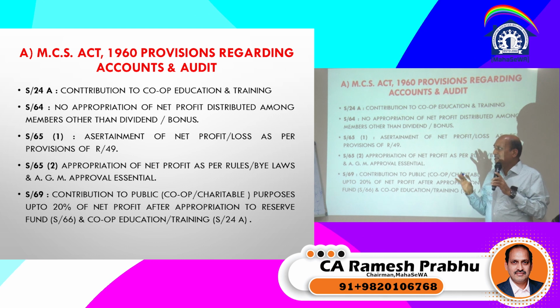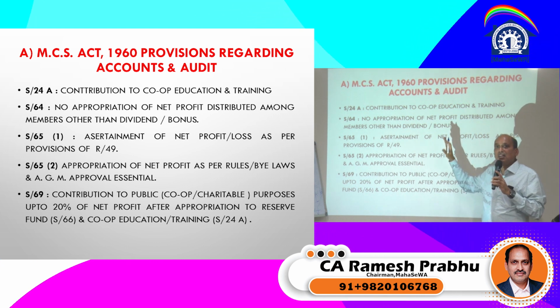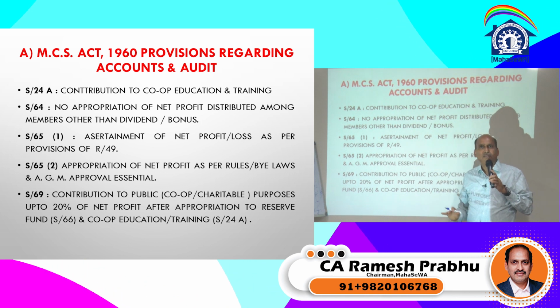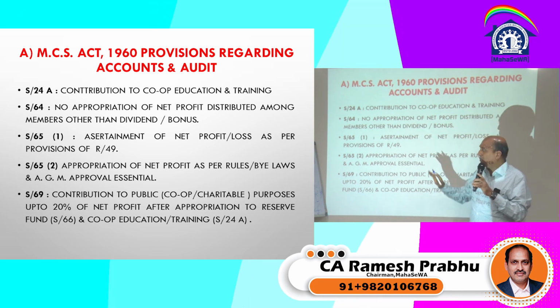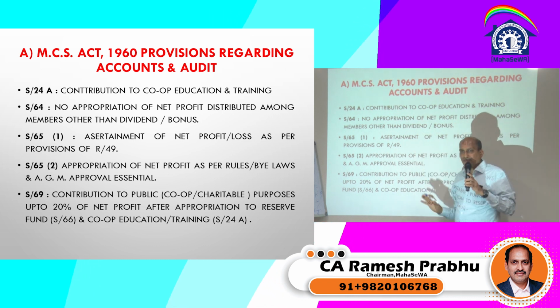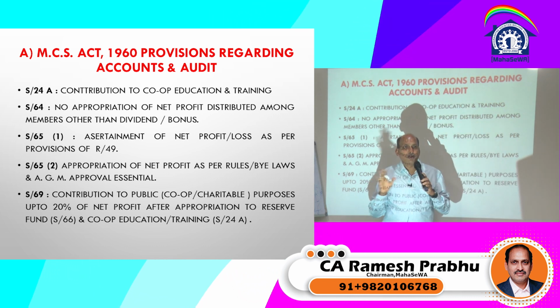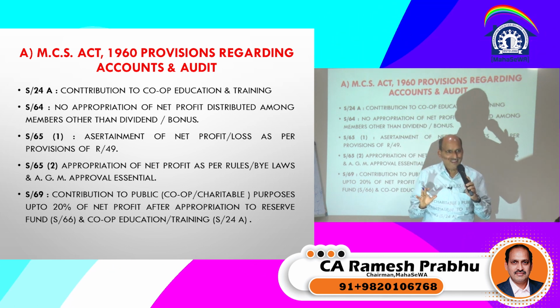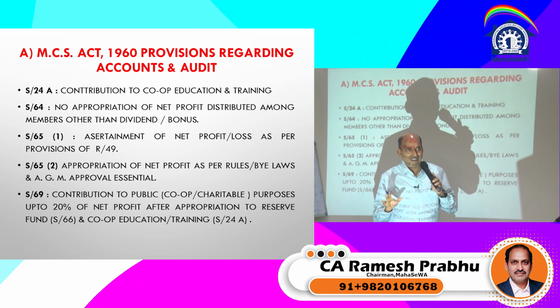And out of that, there is a government circular that 50% of the money has to be put in the society's fund, and 50% has to be given in the form of bonus to the members equally. That means it is distributed equally to the members. There is a circular to that effect. Have you seen this circular? Are you aware of this circular? No.